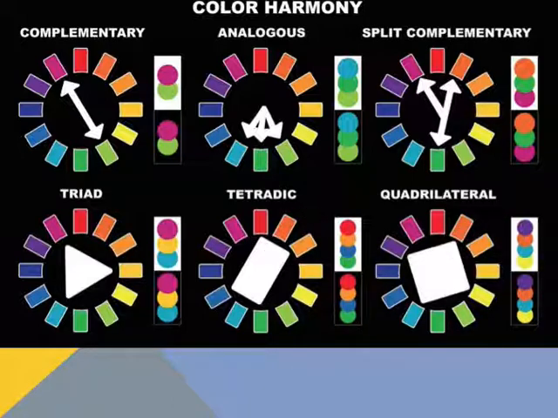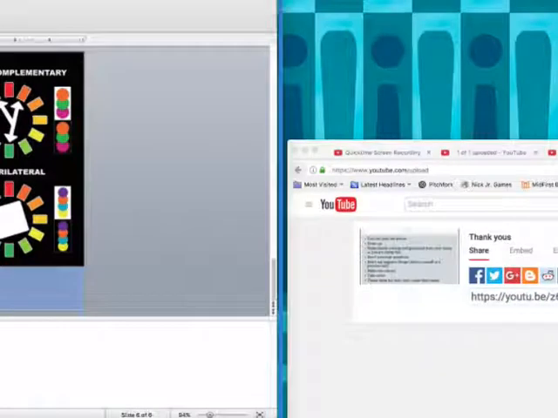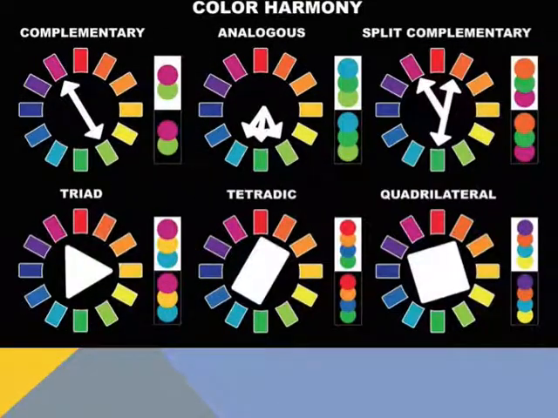So these are ways to create color harmony as you think about how you might want to use colors. So this is a good thing to hold on to as you are creating your instruction set. So I believe that brings us to the end of this, and happy instruction set making.